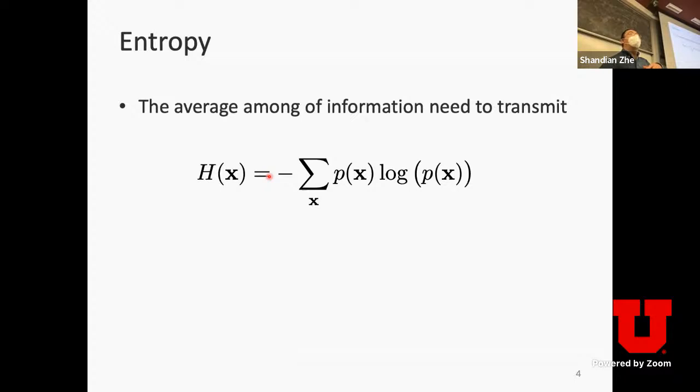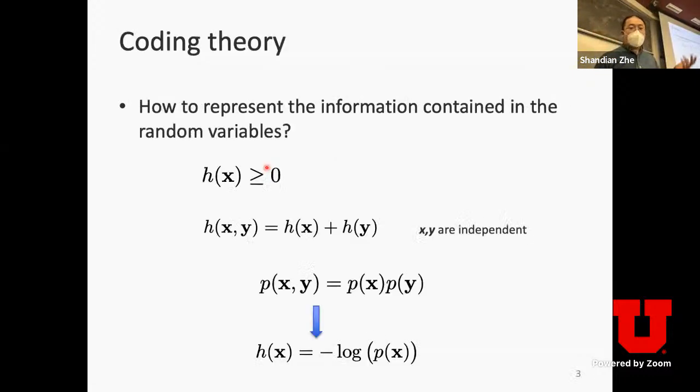Oh, really? Okay. But is this a natural definition for you? Yeah. Okay. Just to give you a sense of how Shannon invented this entropy, it first connects to the probability density, and then he wants this information measurement to satisfy some natural properties. And then he came up with this definition.